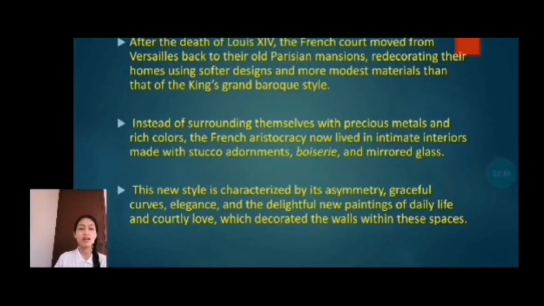The paintings depicted daily life situations and courtly love, and these artworks decorated the walls and other spaces in their houses.